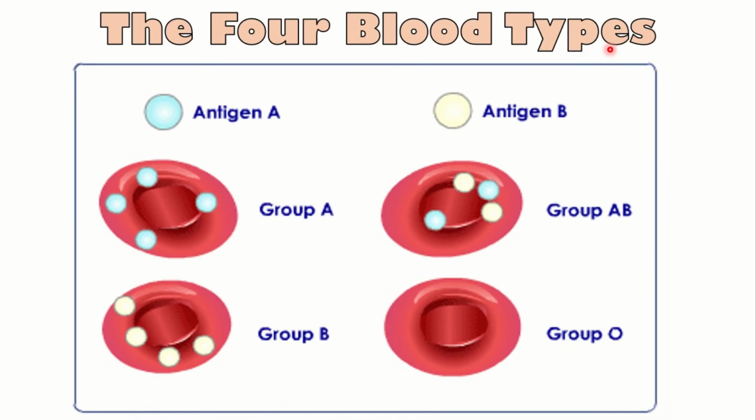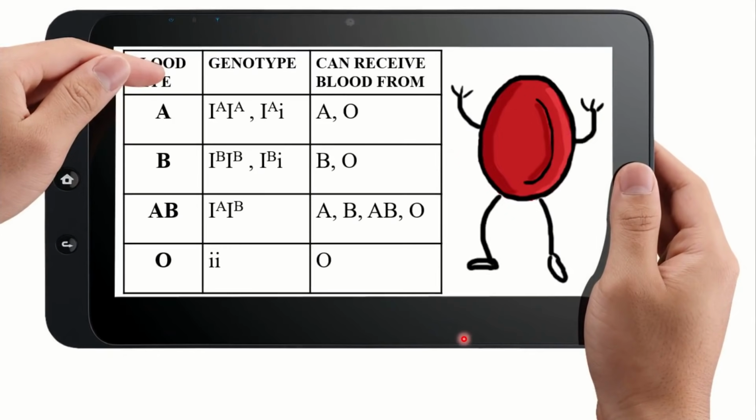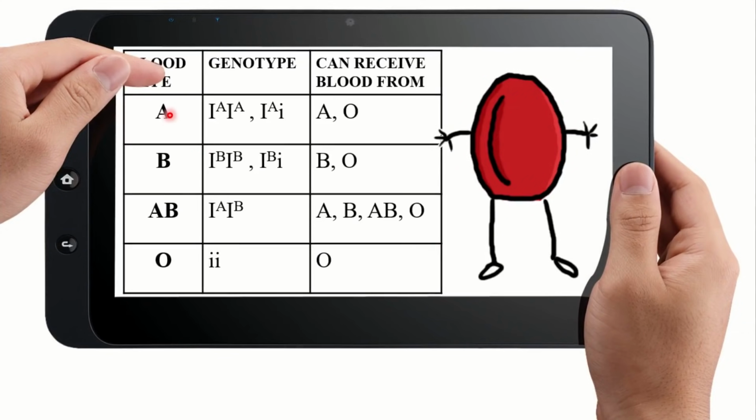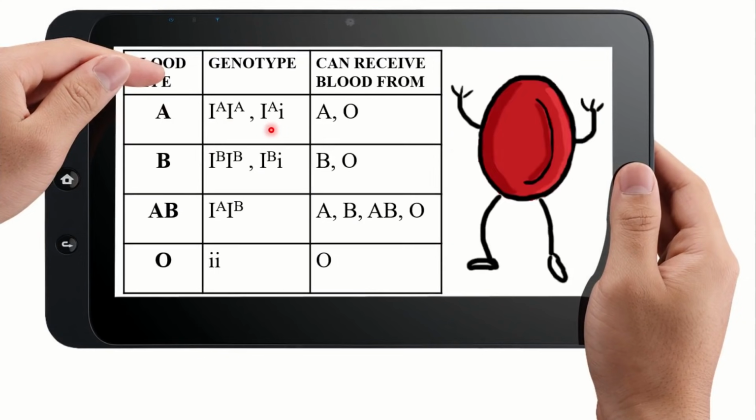These are the four blood types. Blood type A has antigen A, blood type B has antigen B, blood type AB has antigen A and B, and blood type O has no antigen or neither antigen A nor antigen B. Next, so these are the genotypes of blood types. For blood type A, as you can see, we have two genotypes.